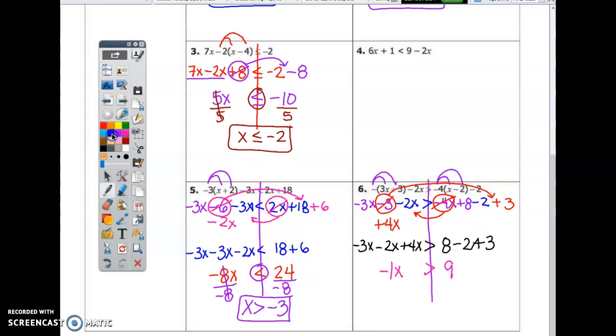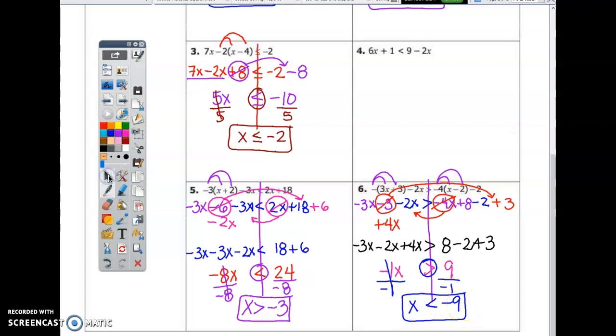The last step is to divide. I'm dividing by a -1. Do I flip the sign, yes or no? Yes, you have to flip it because I'm dividing by a negative number. That gives me -9. Good job. So that's x less than -9. Type the question and the answer in Desmos.